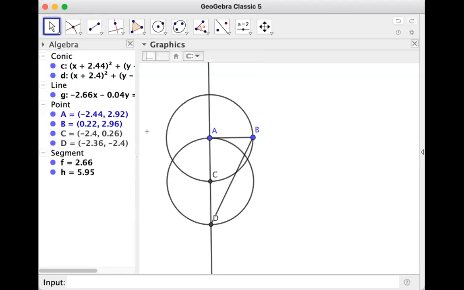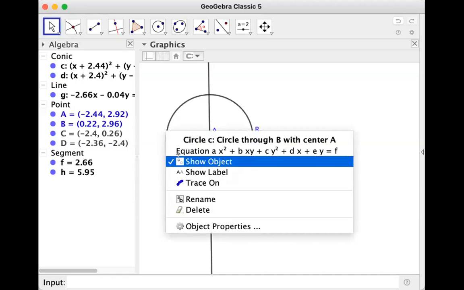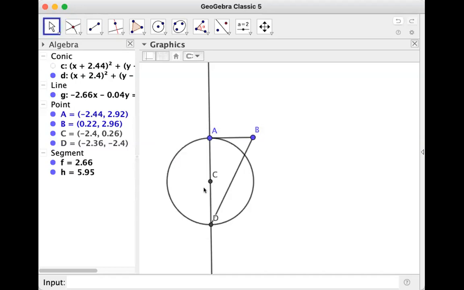To make things a little easier, I'm going to hide those 2 circles, and this point actually served its purpose.